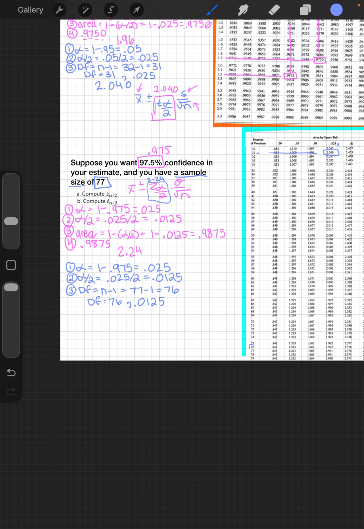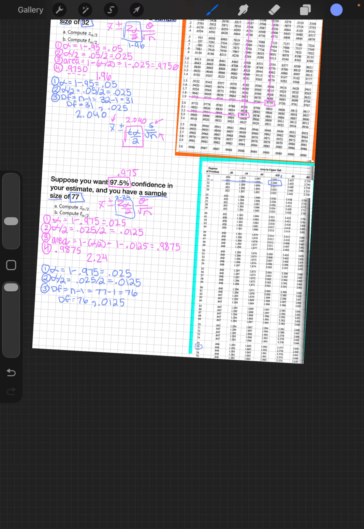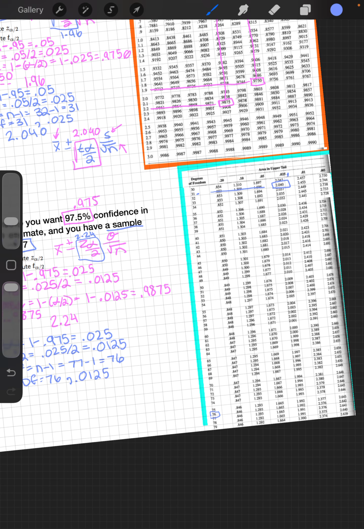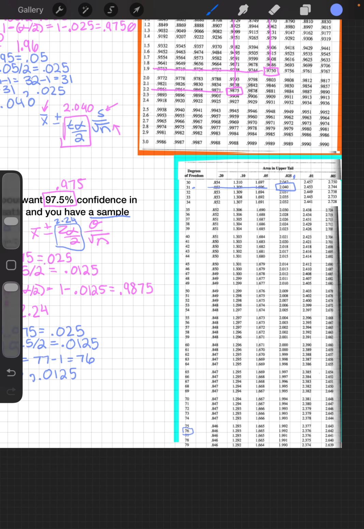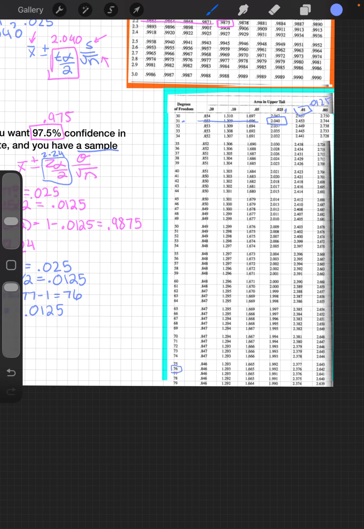So 76. Oh, I don't think I have it. Let me see. No, I actually don't have 0.0125. But what I'm going to do is just go with that one, so 76 and 0.01.